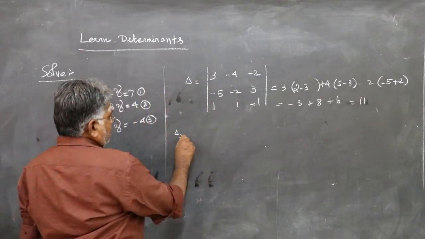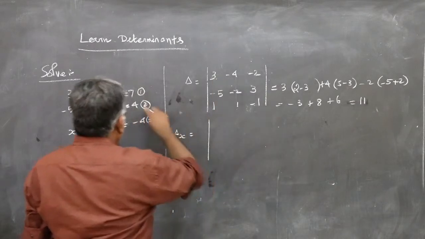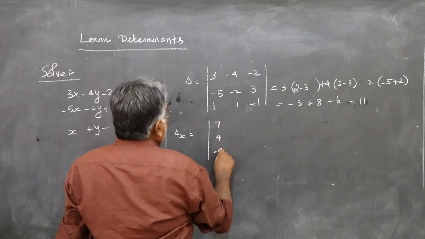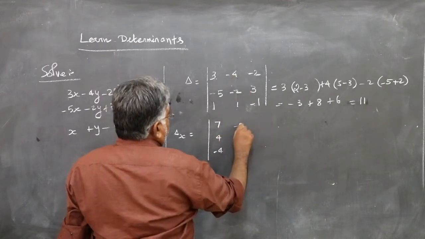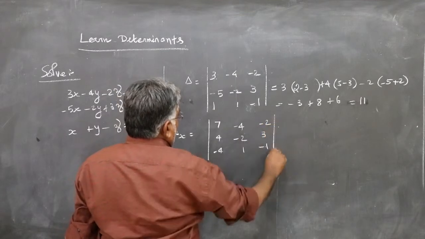Then delta x, delta subscript x. First column should be replaced by these constants. So 7, 4, minus 4. Other things will be as they are. Minus 4, minus 2, 1, minus 2, 3, minus 1. Evaluate this now.